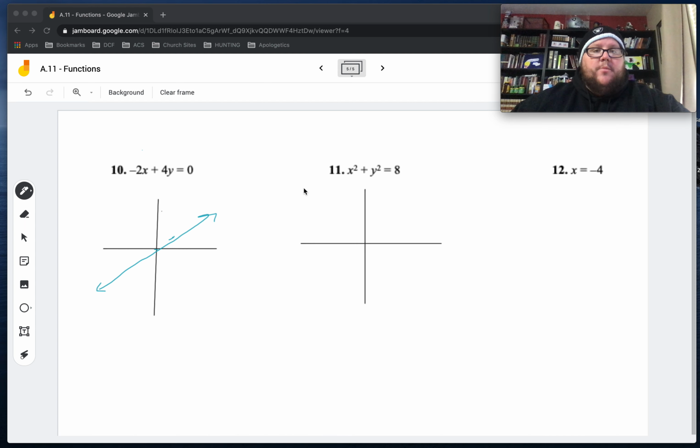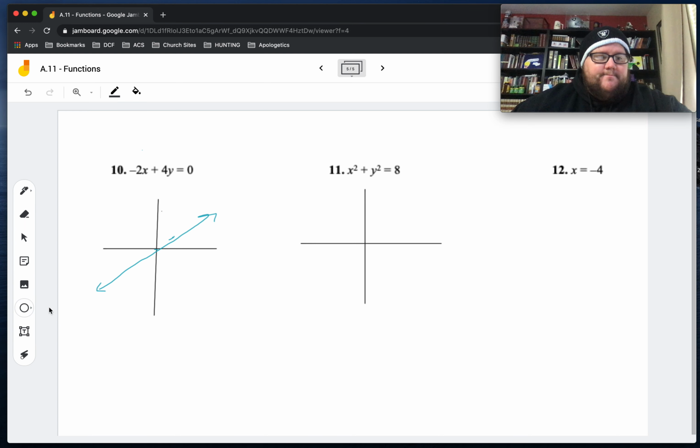So x squared plus y squared, that's going to be a circle with center at 0, 0. So I'm going to do that in red.